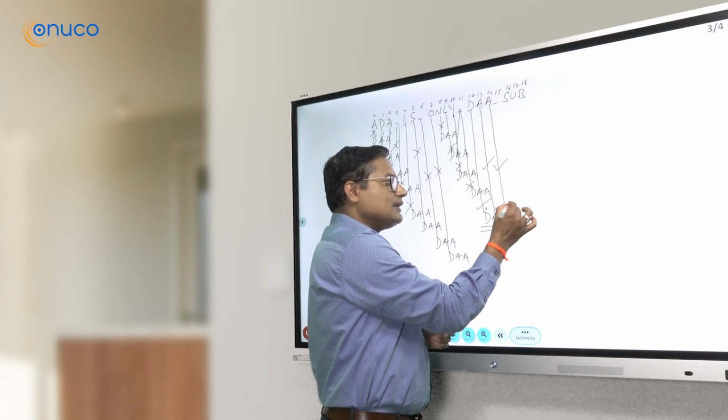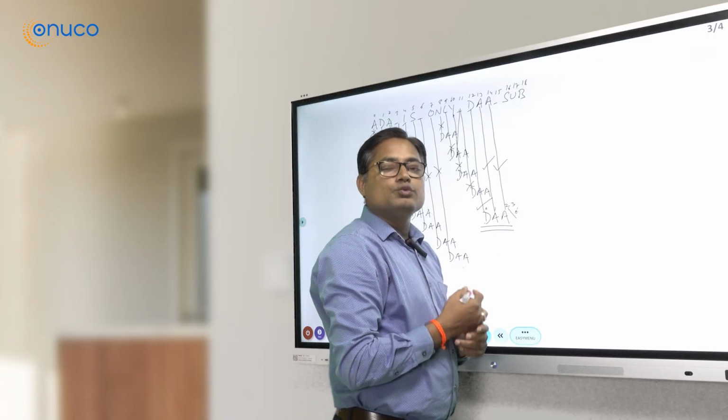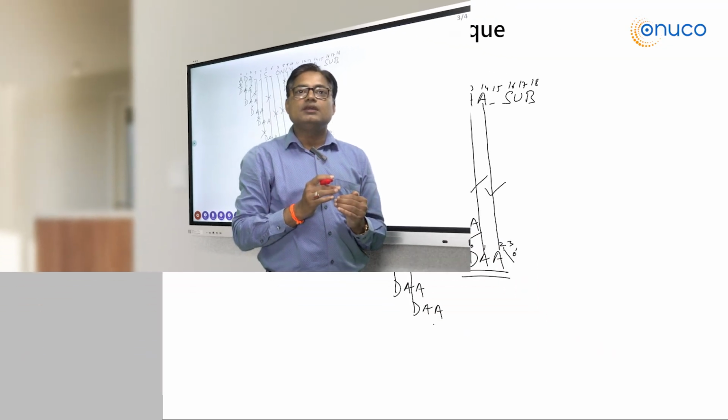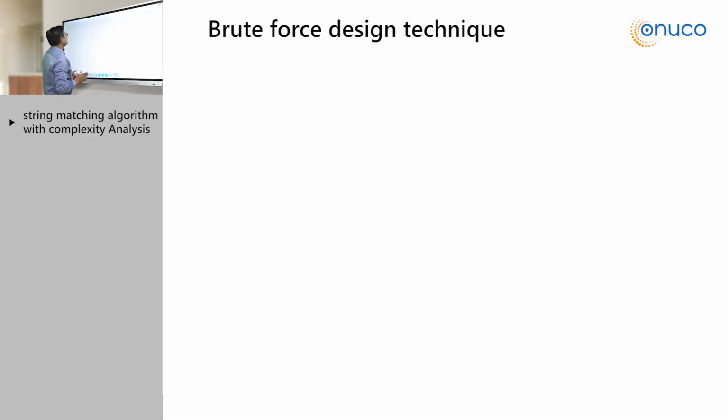Once you are done with that, the next index of the pattern is 3. So once we reach pattern index 3, then only we can say that the pattern is found. Otherwise, the pattern is not found in the given text string. So let us see how you are going to write it.